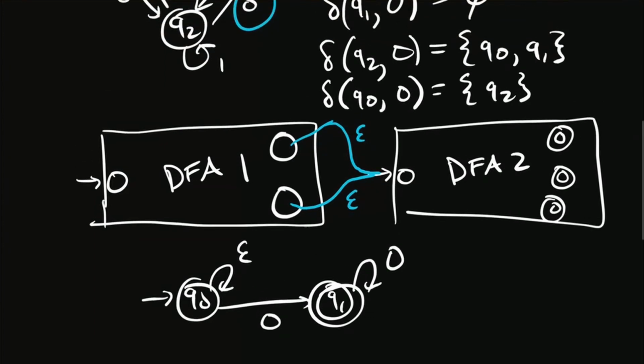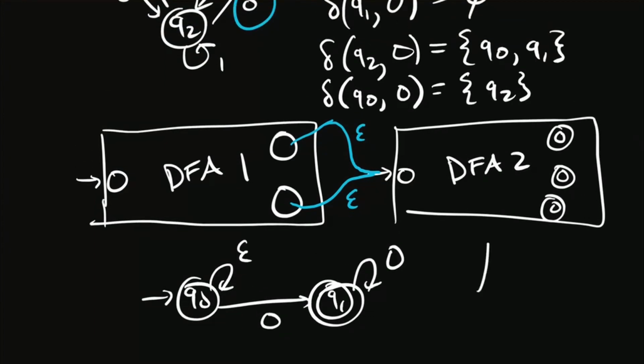Okay, so what does this construction just show us right here? Does it show us or prove that regular languages are closed under concatenation? Be careful. Does it show that regular languages are closed under concatenation? No. Why not?